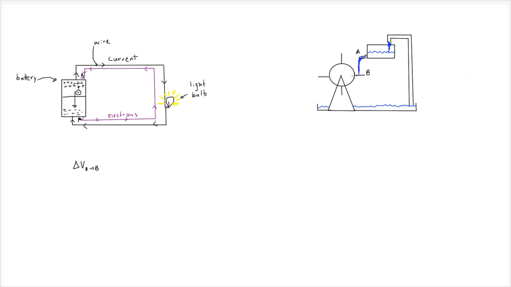So the analogy I'll use is of a water wheel. If we have a reservoir up here, there's high potential energy at point A and low potential energy at point B. The water will naturally go from A to B, but in doing so it will gain kinetic energy. That kinetic energy is going to be used to move this water wheel, which is our light bulb. But then the water now has low potential energy.